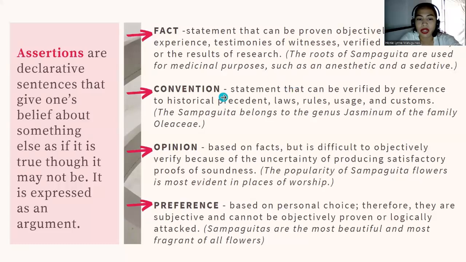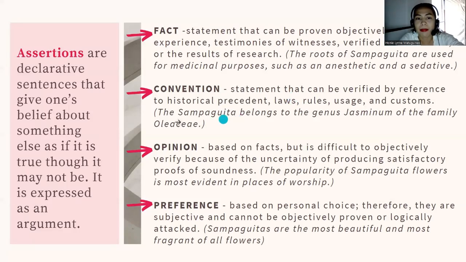Next is convention. It is a way in which something is done similar to traditions and norms. Its truthfulness can be verified only by reference to historical precedents, laws, rules, usage, and customs. Something to note about conventions is that they may sound factual due to their being derived from customs, but because they are socially accepted ways of doing things, they cannot be verified objectively by measurements.